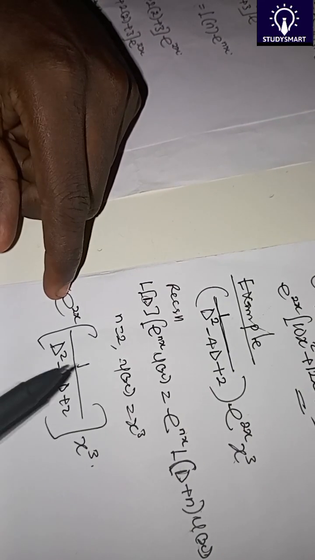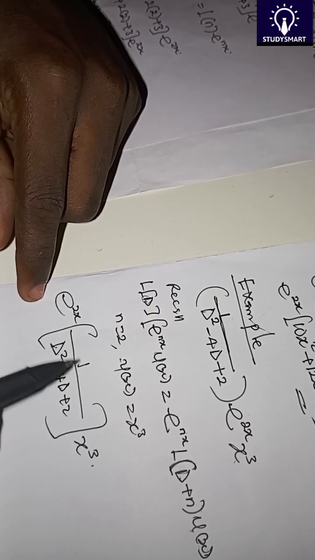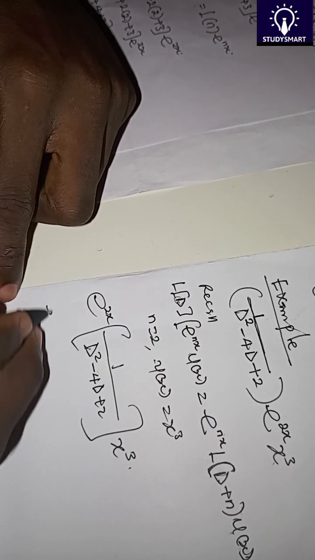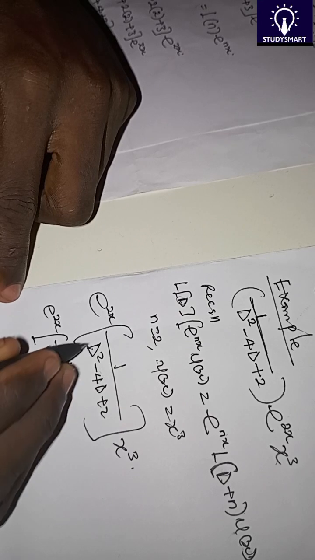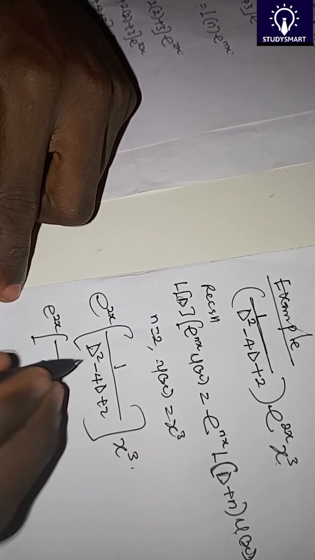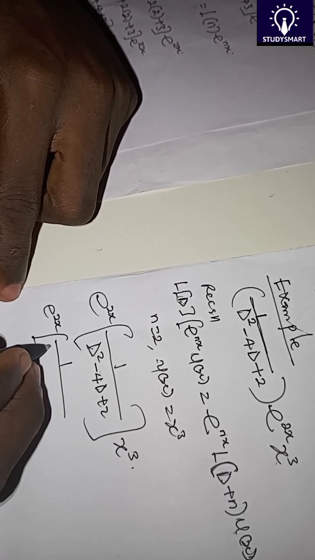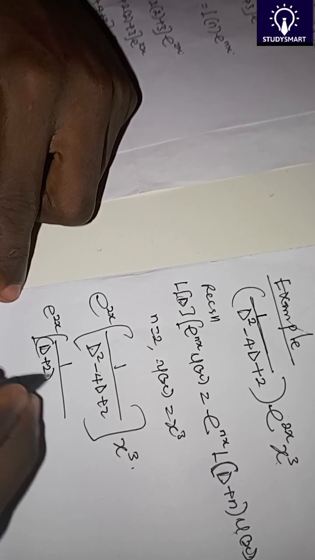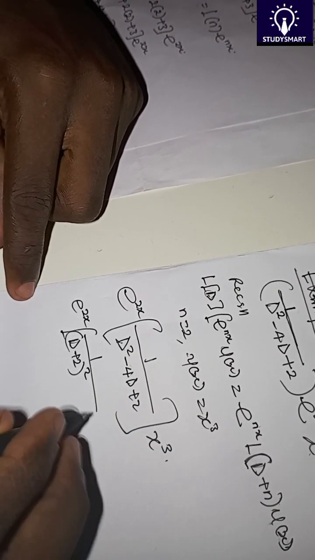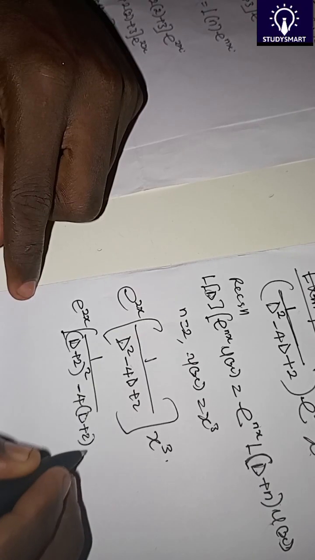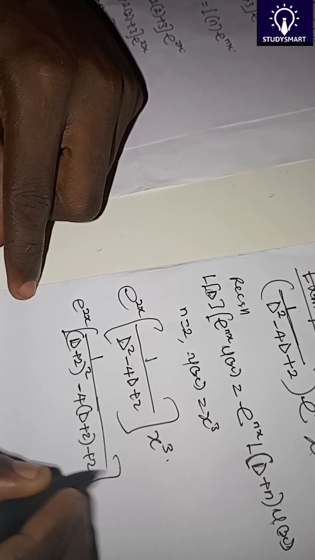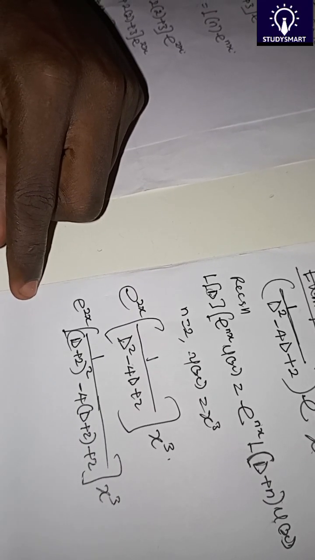So anywhere you see D, you add 2 to it. So this becomes exponential 2x, 1 over, D squared becomes D plus 2 all squared, still minus 4 into D plus 2, and I have my plus 2 here. Outside, I have x to the power 3.